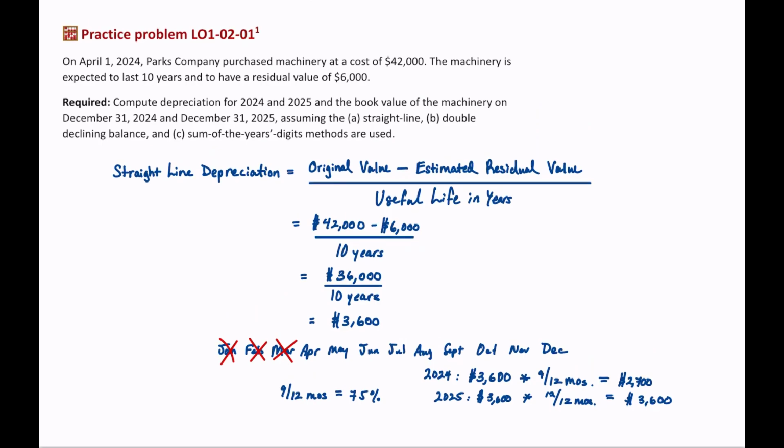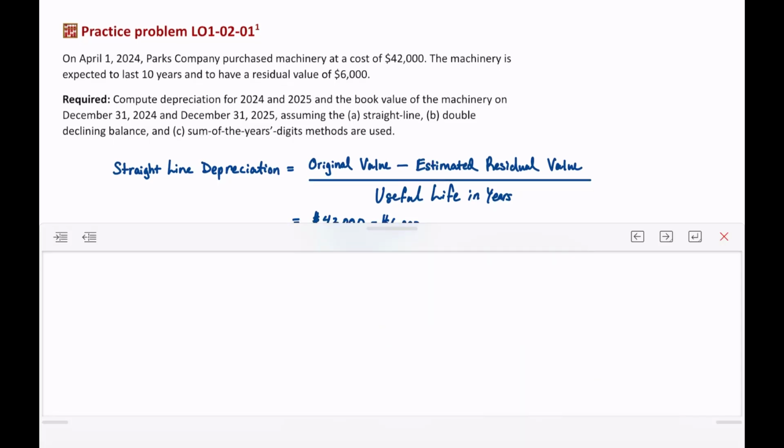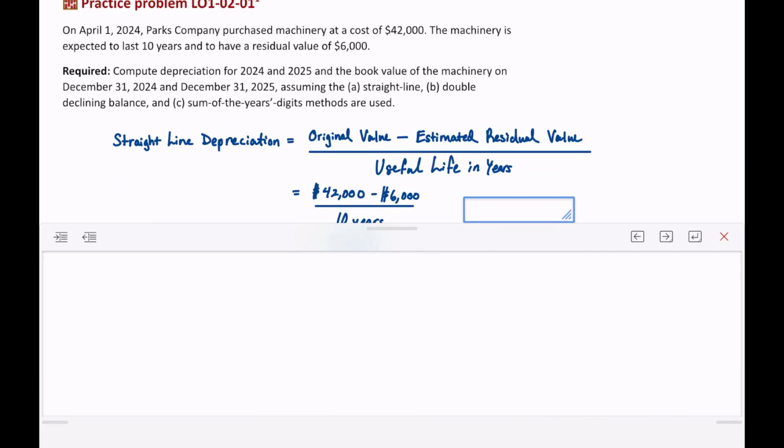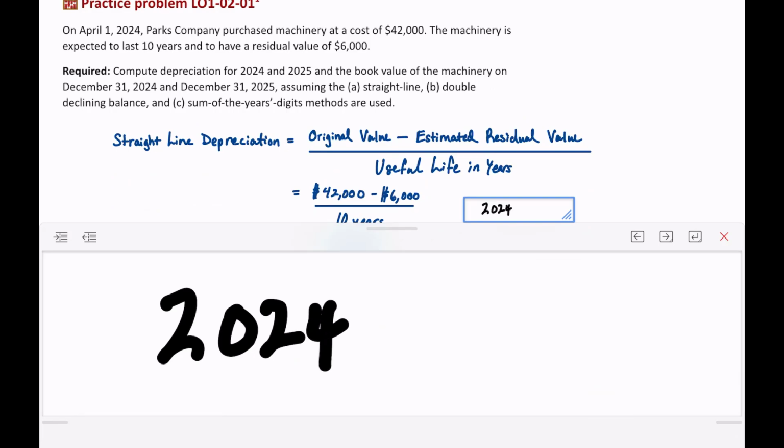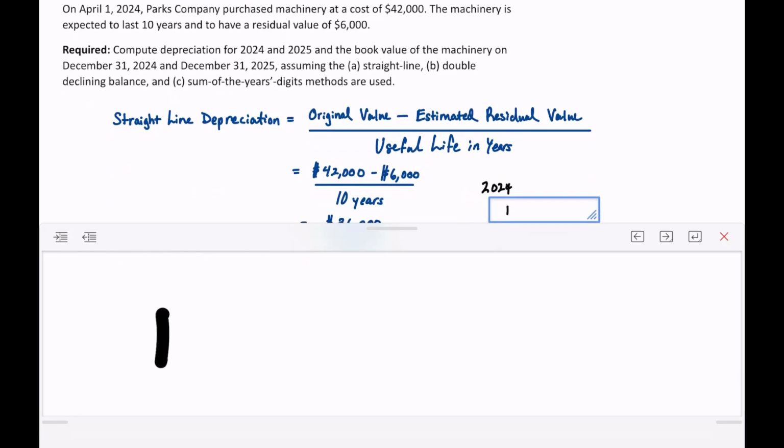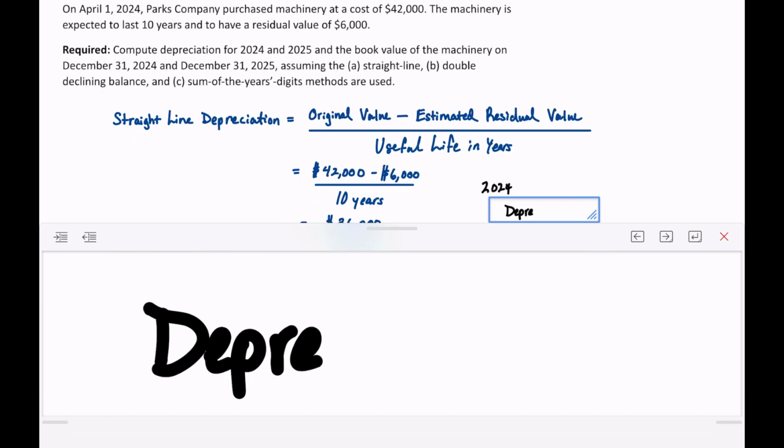If we wanted to write out the journal entry, we could write the journal entry up here. We could say this would be for 2024. Debit depreciation expense.